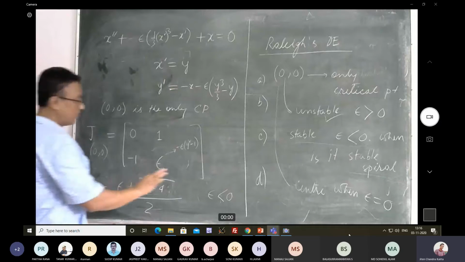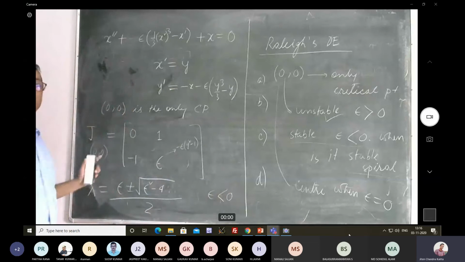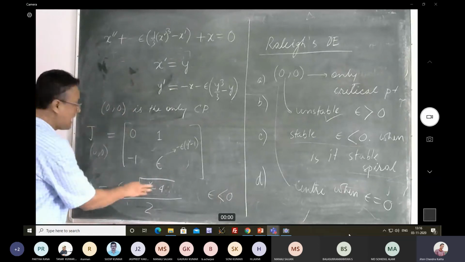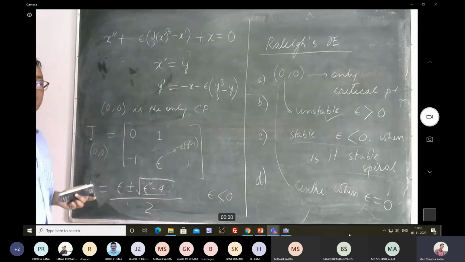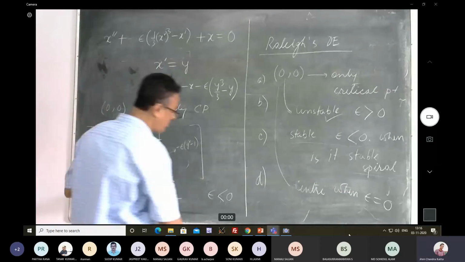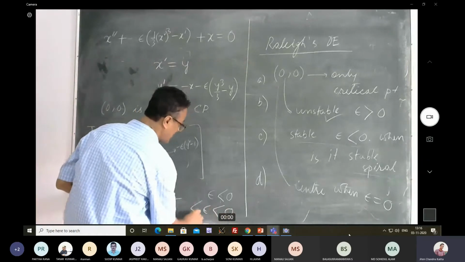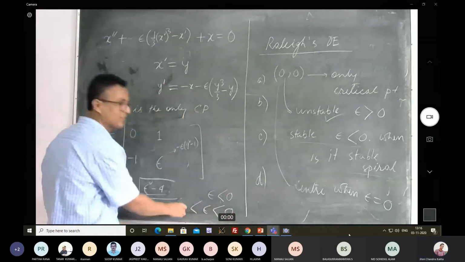Anyway, because epsilon is strictly less than 0, that is not going to happen. Okay. So now, for what values of epsilon am I going to get epsilon squared minus 4 strictly less than 0? Obviously, your, and then here what should be?